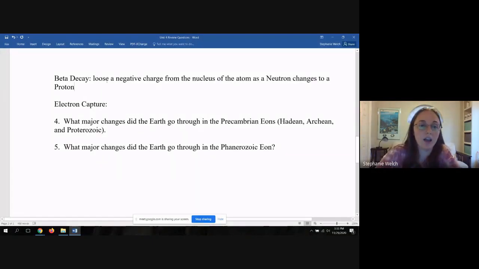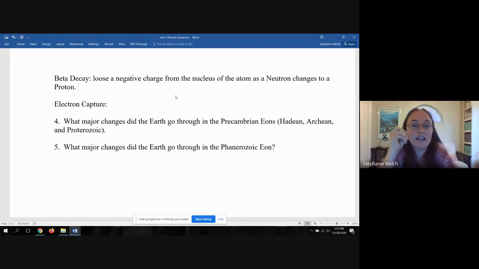So beta decay, you effectively lose a negative charge, and the reverse is going to happen when you're dealing with electron capture. If you lose a negative charge from the nucleus of the atom, the entire nucleus is going to become more positively charged as a result. You're going to take a neutron that was neutrally charged and change it to a proton.